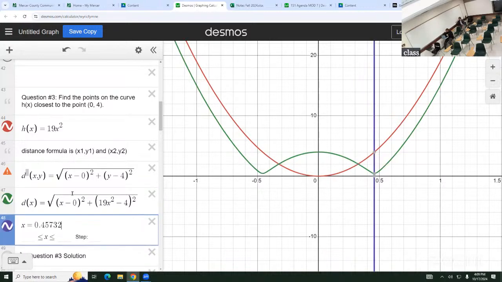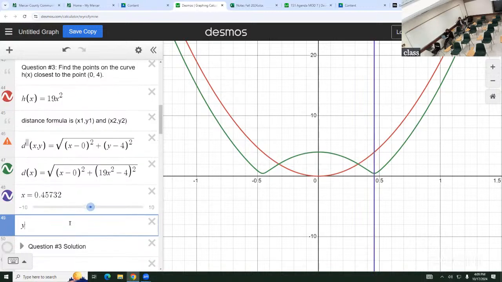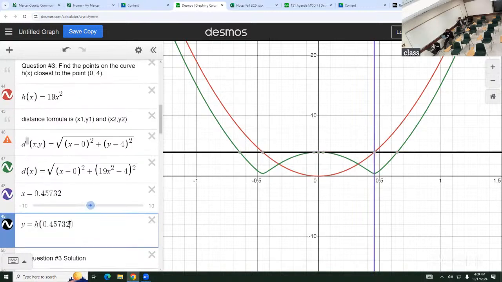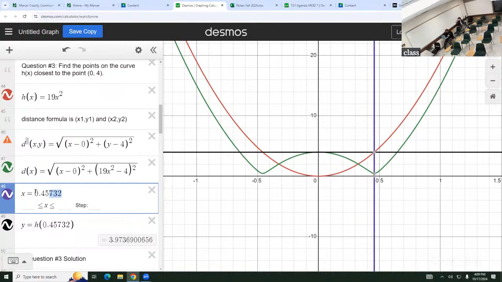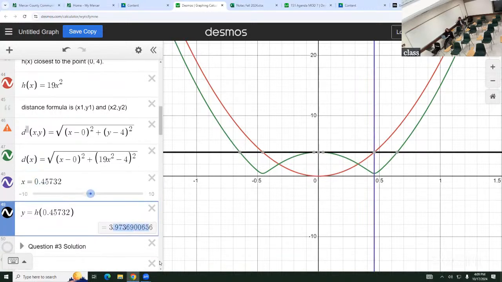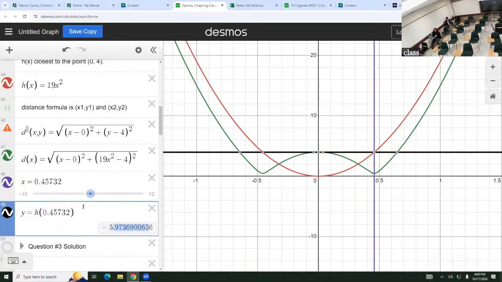And then y equals whatever. Y is h of x. So if that's what x equals, then y equals h of that, which is 3.4, whatever. So there's the x value and there's the y value on the curve.